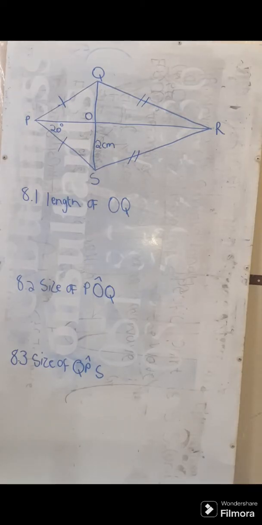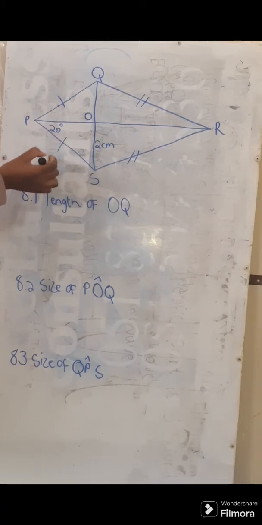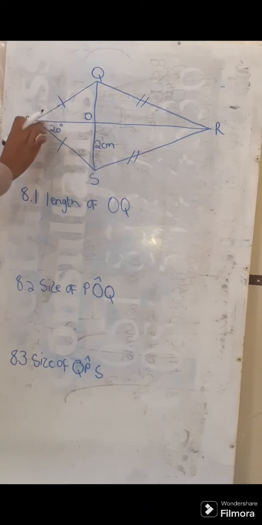So we are given OS as 2 centimeters, and we are asked to calculate OQ. OQ is here, and we are given that this side is the same as this side. This bisects, so it cuts the kite into 2, right?